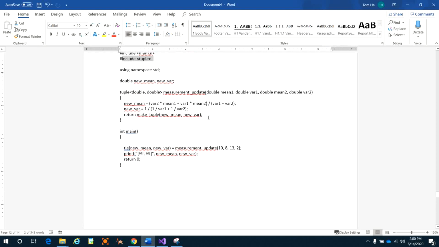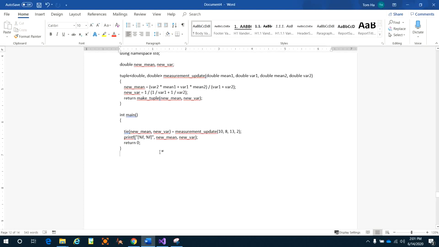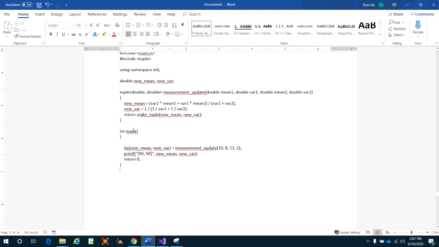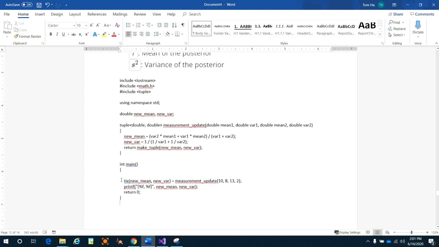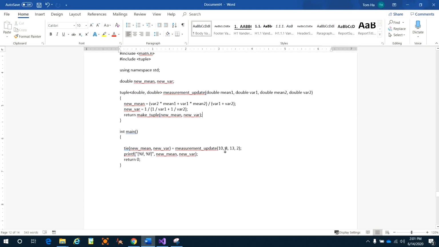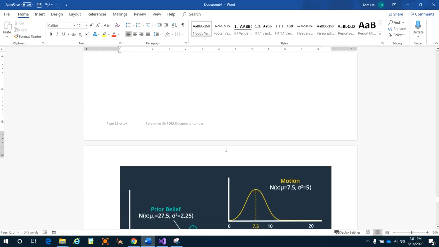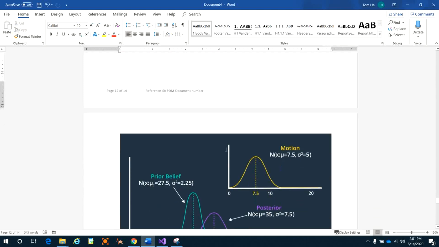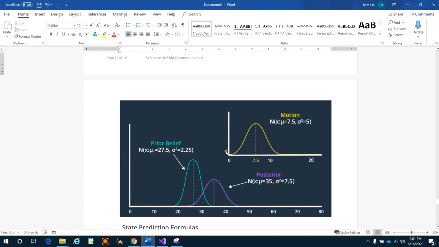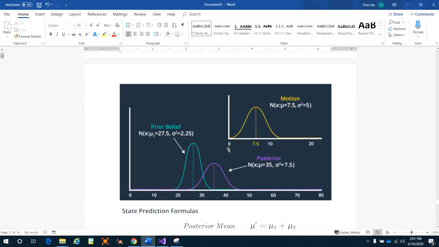You plug into the formula, and you return the new mean and new covariance. That's it. And I will attach a link so you can read about the tuple in C++. Okay, that's the measurement update.